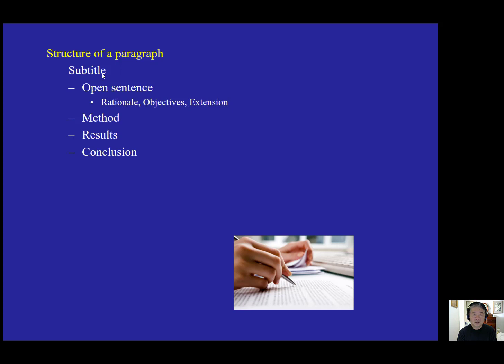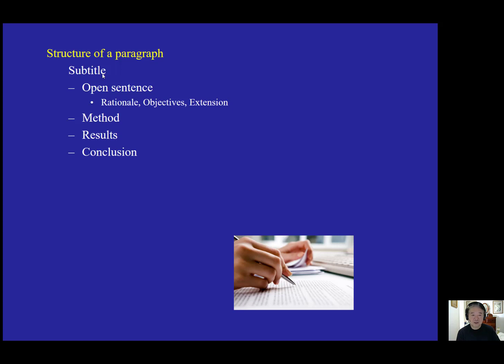You normally have an open sentence. Now you can find pretty often they put the method in the results, but very brief, to justify how these results were obtained. Then followed by the results. At the very end, you will have the conclusion. Therefore, normally you have 4 points.